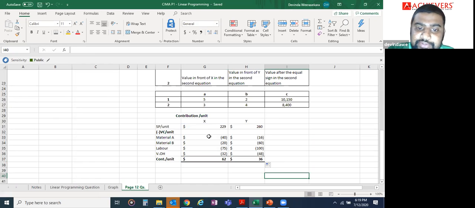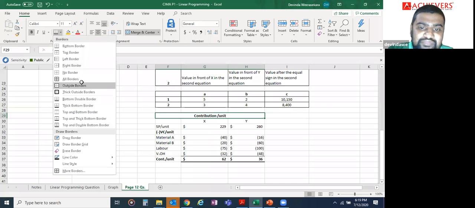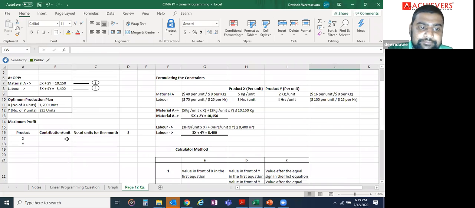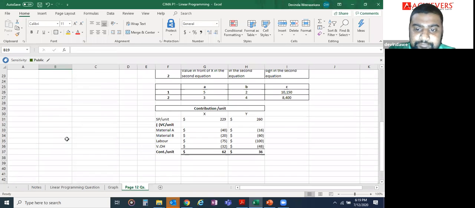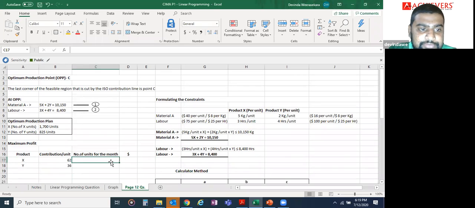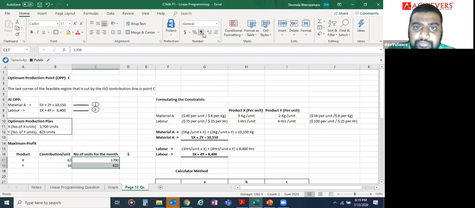Product X $62 per unit, product Y $36 per unit. Clear? Yeah. Number of units we are making: 1700 units of product X, 825 units of product Y.